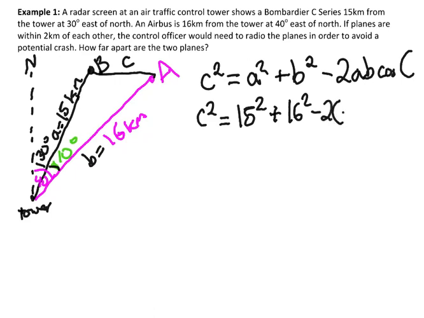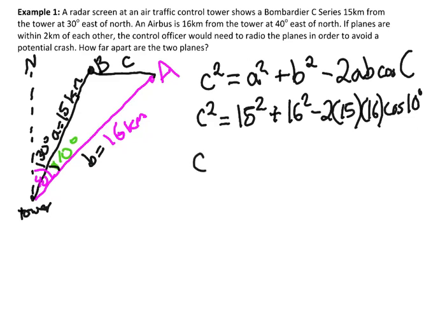So 2 times a is 15, b is 16, and cos of C, where C is the angle in between a and b, opposite side c, right? So that's the 10-degree angle in there. You can just plug that all into your calculator: 15 squared plus 16 squared minus 2 times 15 times 16 times cos of 10.